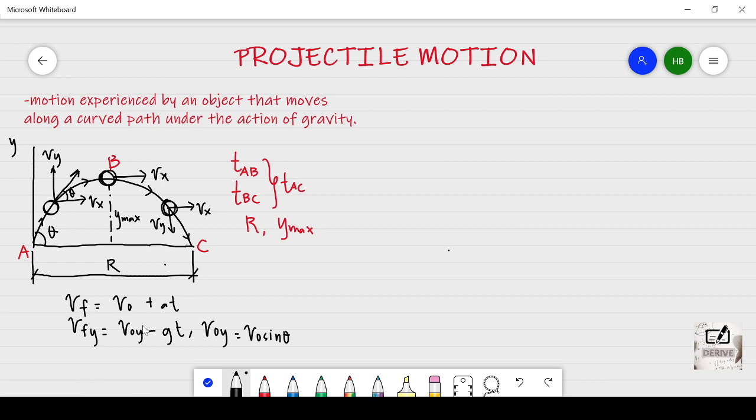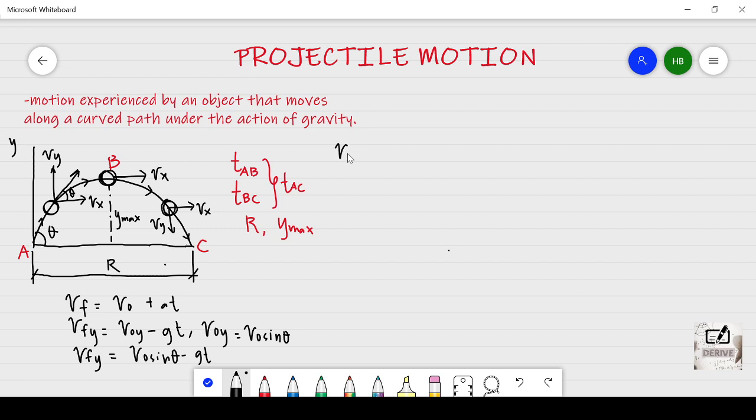So just substitute: VFy is equal to VO sine theta minus GT. At point B, there's only one motion here, and that is the horizontal velocity.